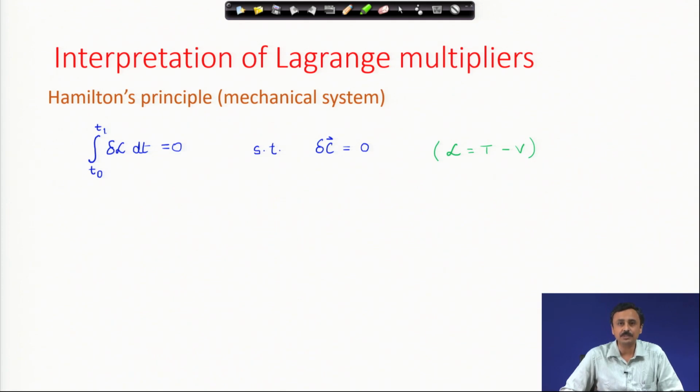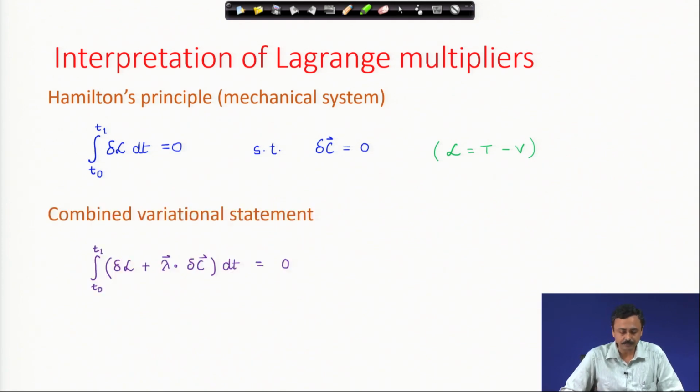Here, for mechanical systems, the Lagrangian is the kinetic energy minus the potential energy. We had combined the variational statement with the constraints using the Lagrange multiplier, and for every constraint we had one Lagrange multiplier. Now this combined statement must vanish.